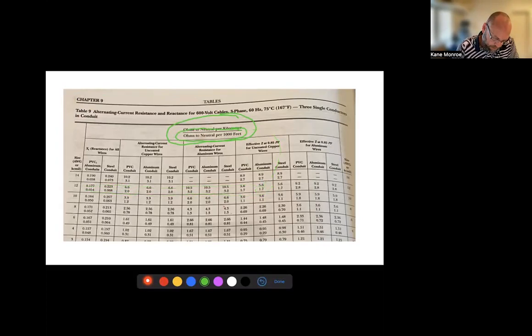Also, if you look, alternating current resistance for uncoated copper wire and alternating current resistance for aluminum wire. That's these two columns down here, I'm sorry. Now, if we come over here and look at these columns right here, we don't use those during the test. You probably will not see that on a journeyman's.